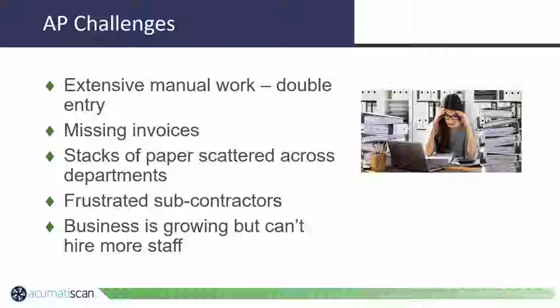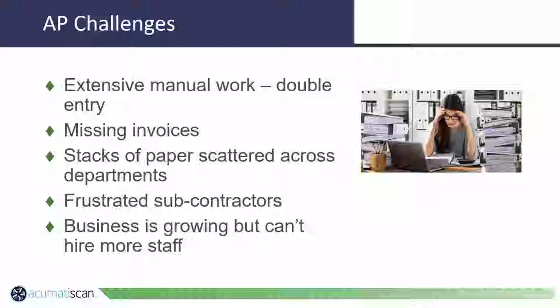It causes a lot of double entry. Invoices get sent off for review and approval, and many times you have no idea when they're going to get back. There are just reams of paper scattered across various departments and organizations.